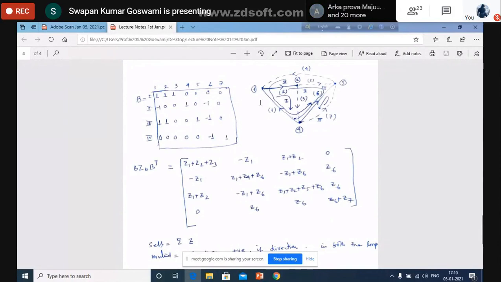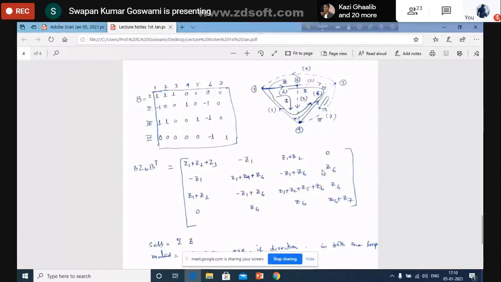Then this one, Z24, loop 2 and loop 4. This is loop 4 and this is loop 2. Loop 2 current is in this direction, loop 4 current is in the opposite direction, so again it will be minus. Because of the erroneous entry here, we have an error here also, it will be minus Z6.